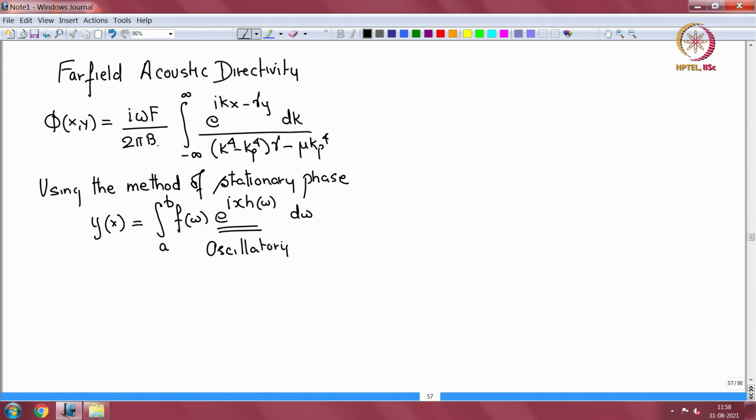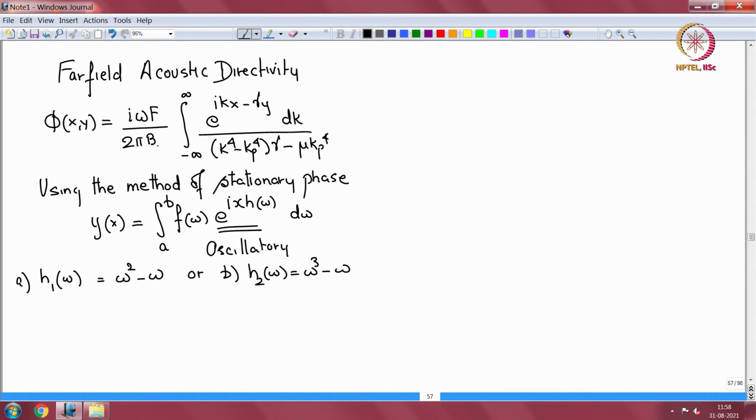For example, I'll take the first, h1 of omega, equal to omega square minus omega, or another example, h2 of omega, equal to omega cube minus omega.